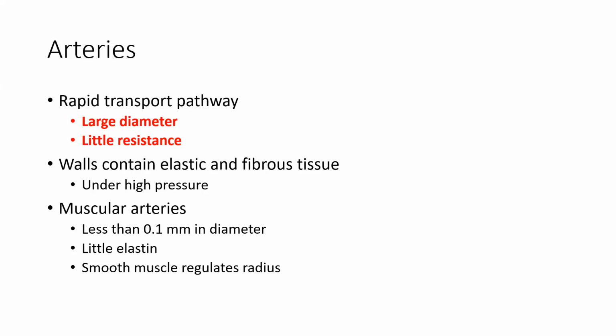They don't have as much give, but they do have a lot of smooth muscle, and they do heavily regulate their radius because of the relaxation and the constriction of that smooth muscle. So our larger arteries have lots of elastic fibers. Our smaller muscular arteries have more smooth muscle in the lining, but fewer elastic fibers, and they're smaller than the larger arteries.